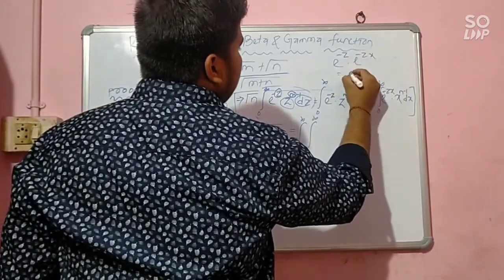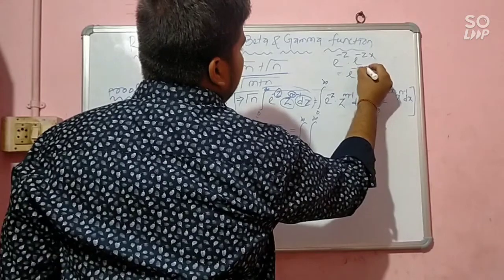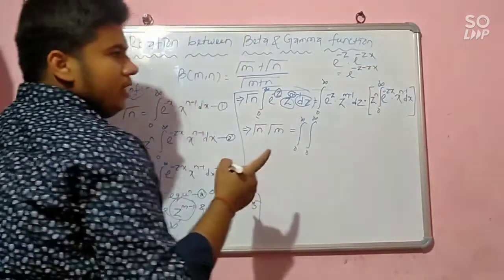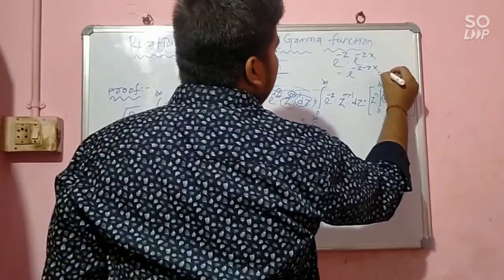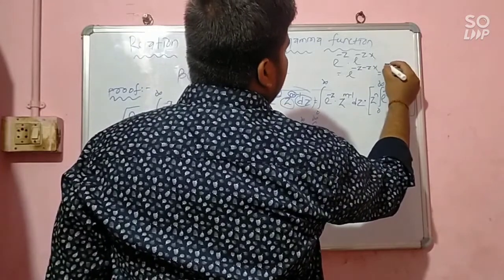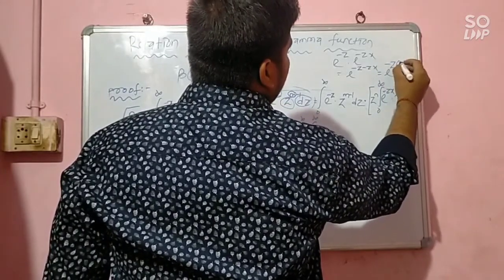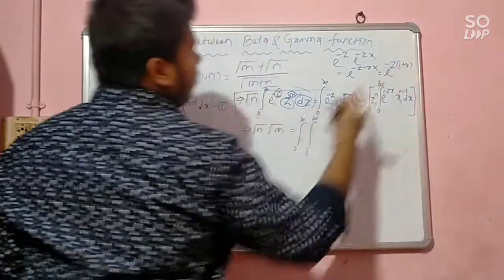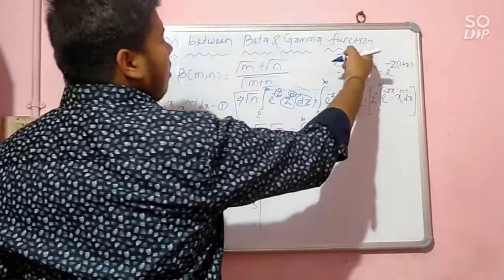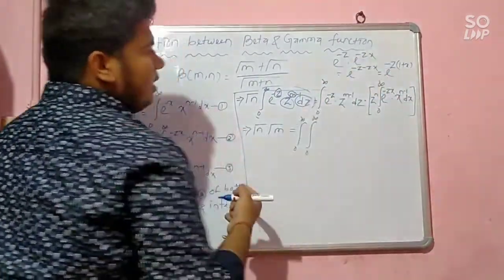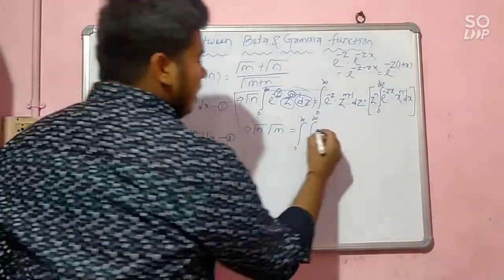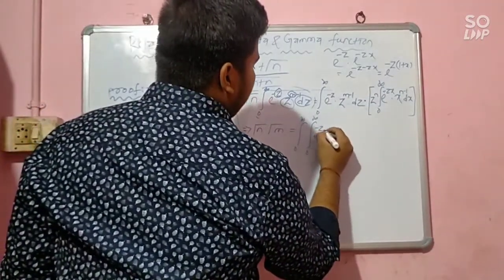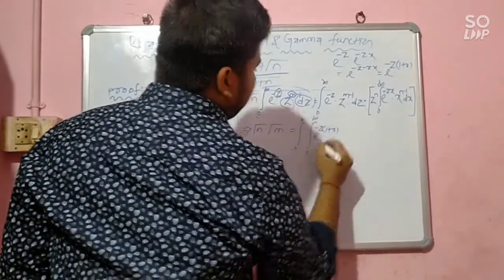So e to the power minus z minus zx. When we take z common, we get minus z into 1 plus x. So e to the power minus z into e to the power minus zx gives e to the power minus z whole into 1 plus x.